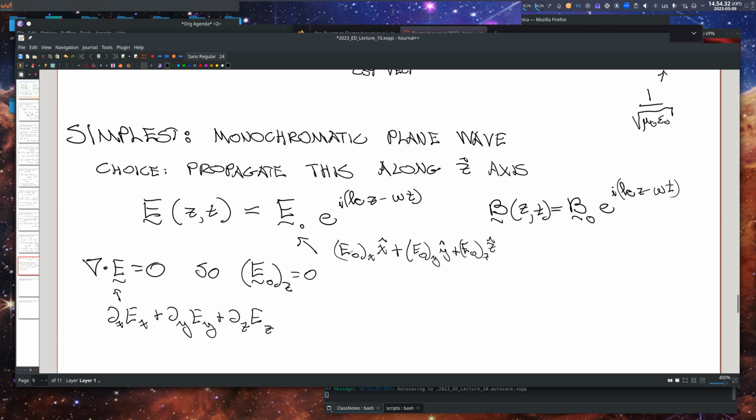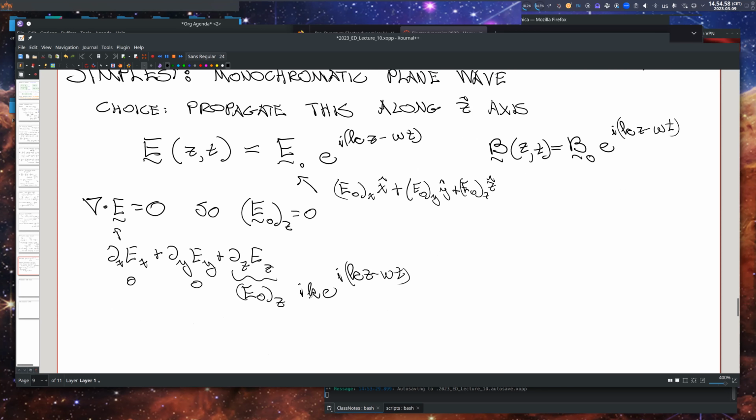These are just constants, so there's nothing. So this is 0. The same thing here, it's 0. But the d/dz of Ez is just E0z with now ik e to the i(kz minus omega t). So that's the only thing that's left. And the only way that I can make this whole thing 0 is if I put the prefactor to 0.